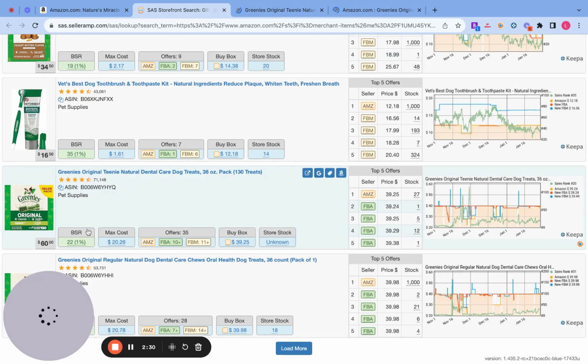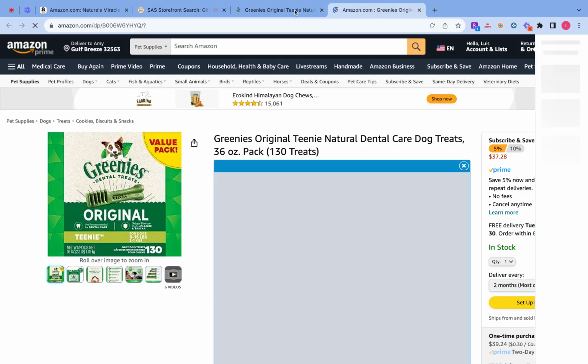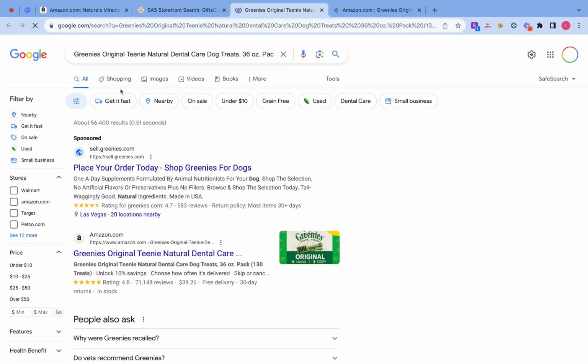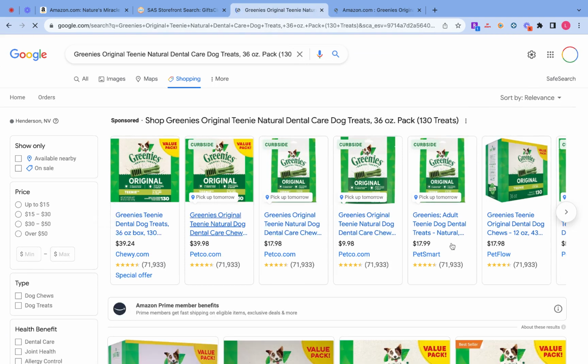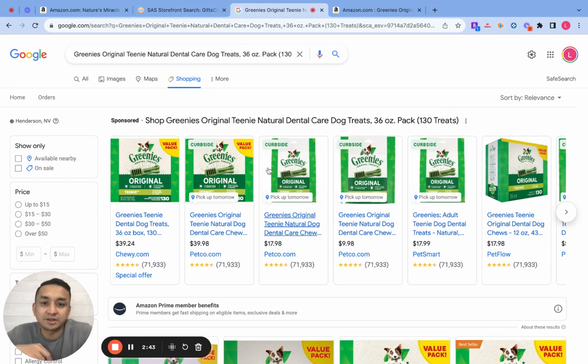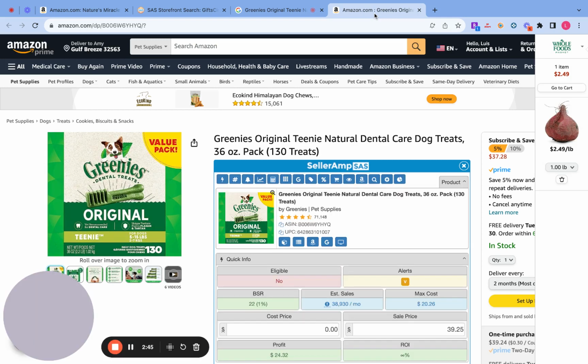This one, the max cost is $20.26. So again, I go to Google Shopping, and I just look at $20.26 or less. So I think, is this the one or is it not?